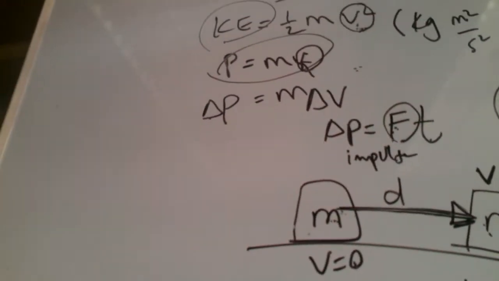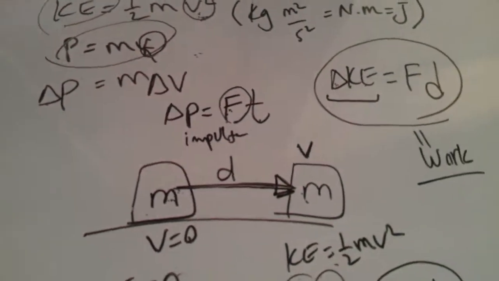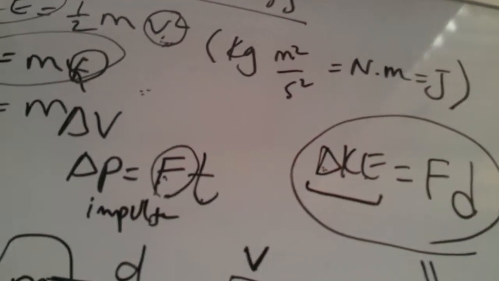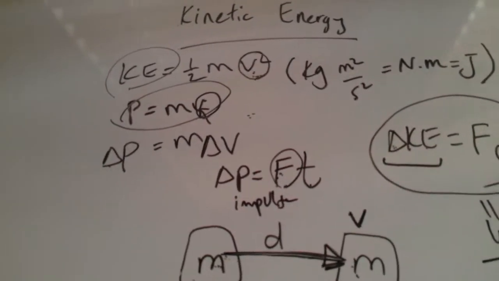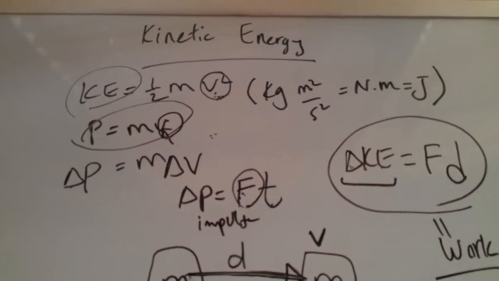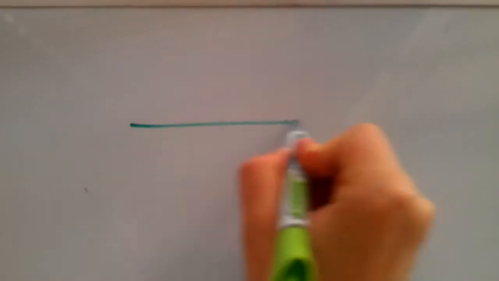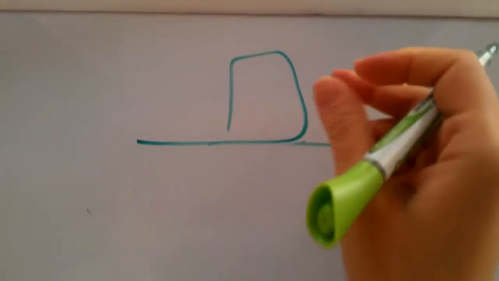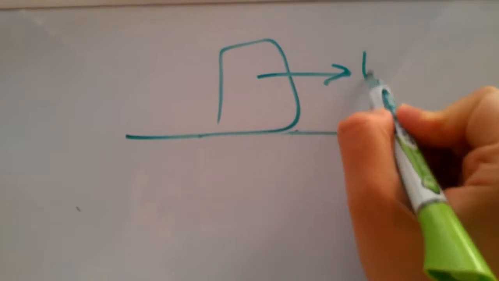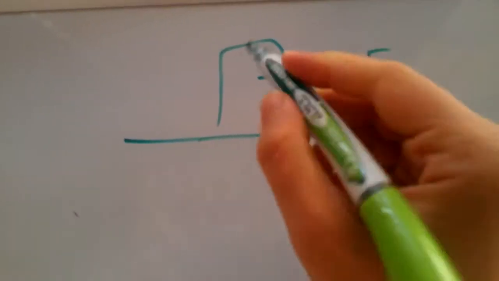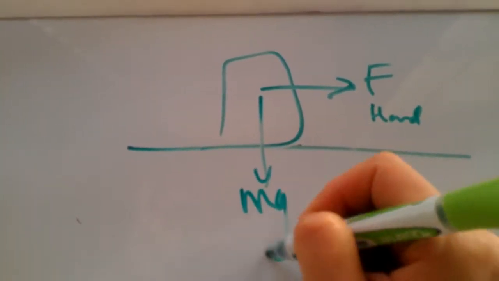So there are different ways in which forces and the displacement of objects can be related. Let's elaborate on that. Suppose there is a block here and I'm pulling it to the right with my hand, and I have the mg at all times.